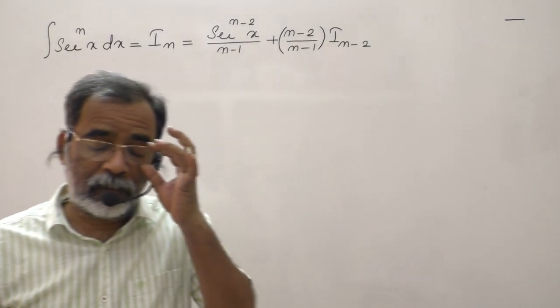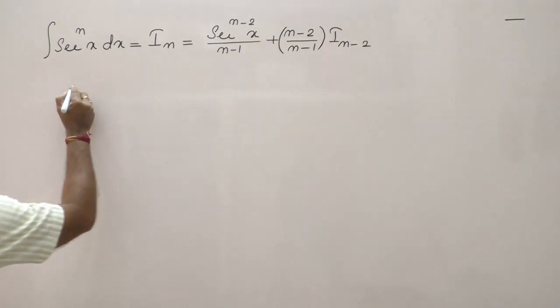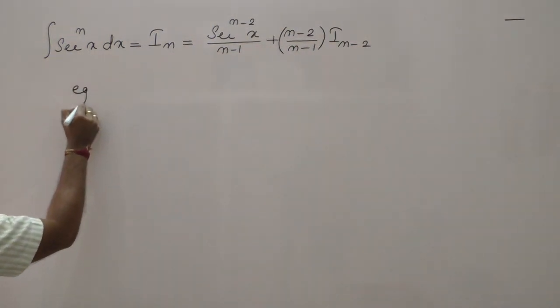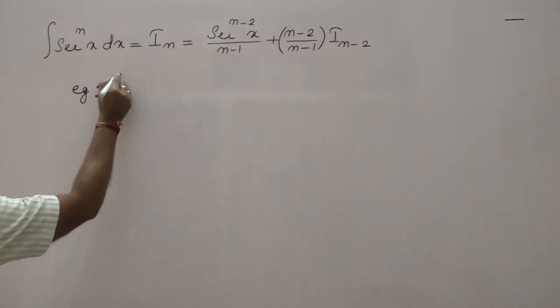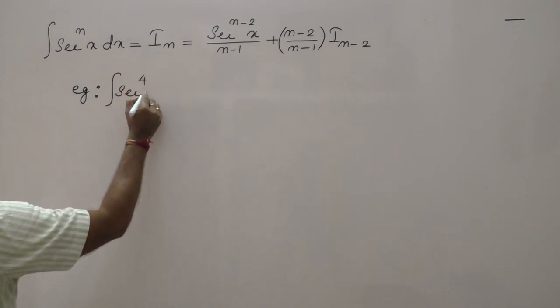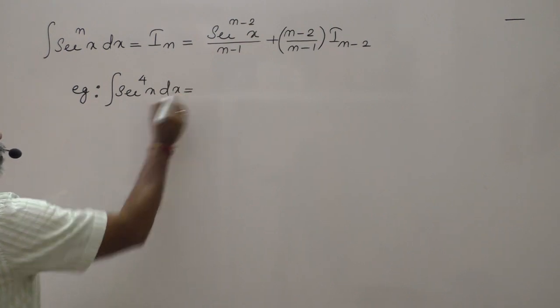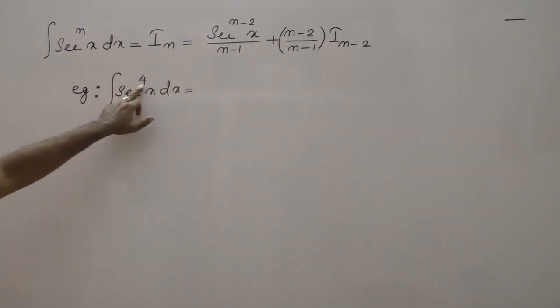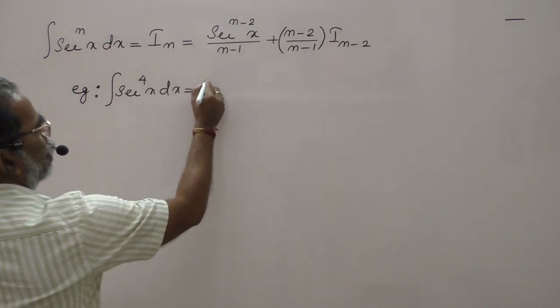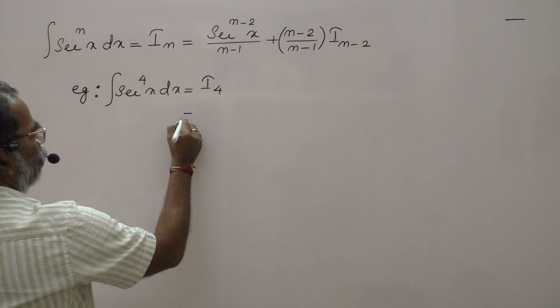We have seen sec power n reduction. Now we will apply this by taking an example. Integral sec power 4 x dx. Yes, sec power n, here sec power 4. That means n is equal to 4, which is I_4.